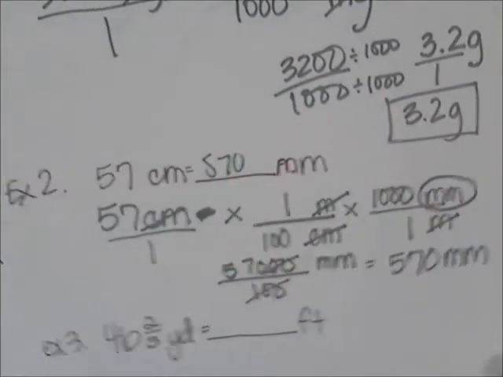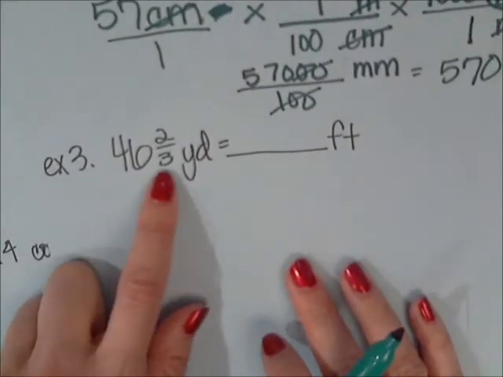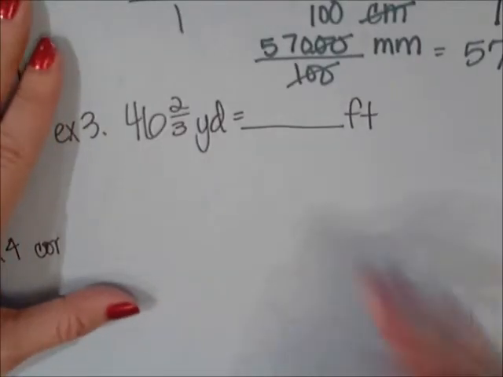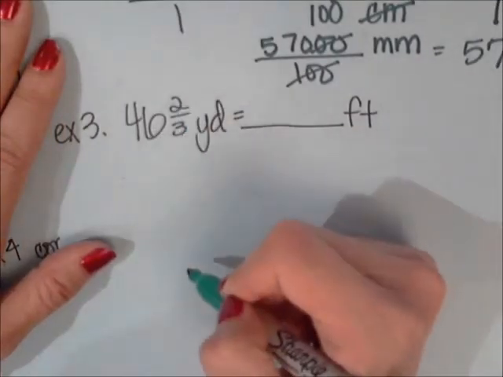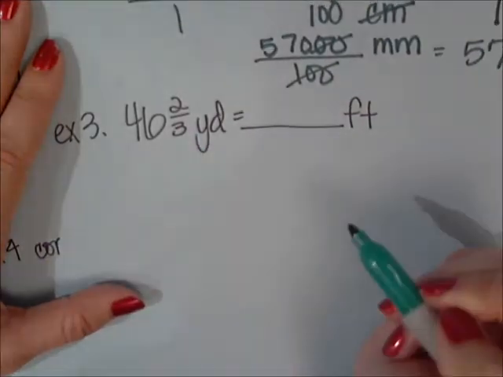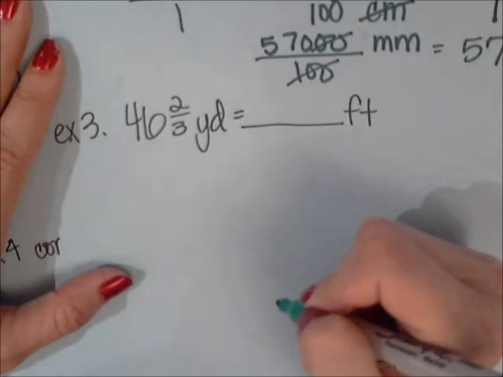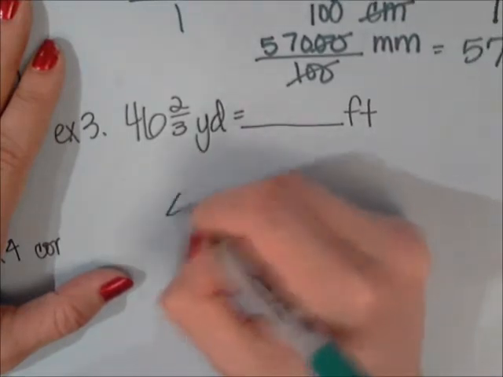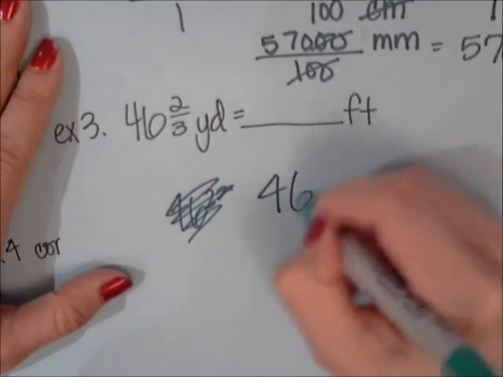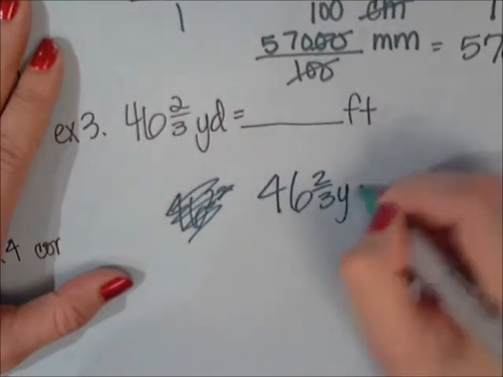Okay, let's go on to example number 3, which is 46 2/3 yards, and I have to convert that to feet. So 46 2/3 yards. How do I want to solve this problem? Okay, 46 2/3 yards.